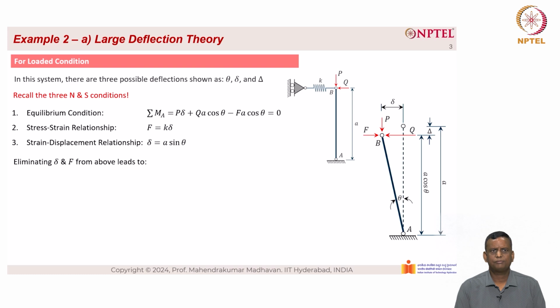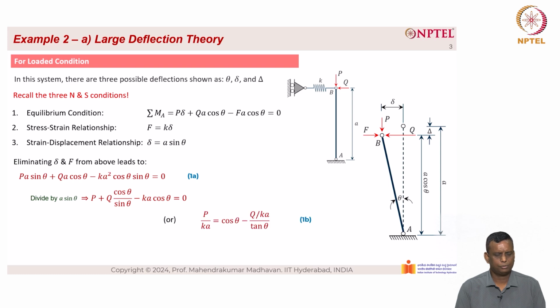Eliminating delta and F from the above equations leads to PA sin theta plus QA cos theta minus KA square cos theta sin theta equal to 0. This becomes equation 1a. Now we are simplifying this equation further by dividing by A sin theta throughout the equation. So this becomes P plus Q into cos theta by sin theta minus Ka cos theta equal to 0.